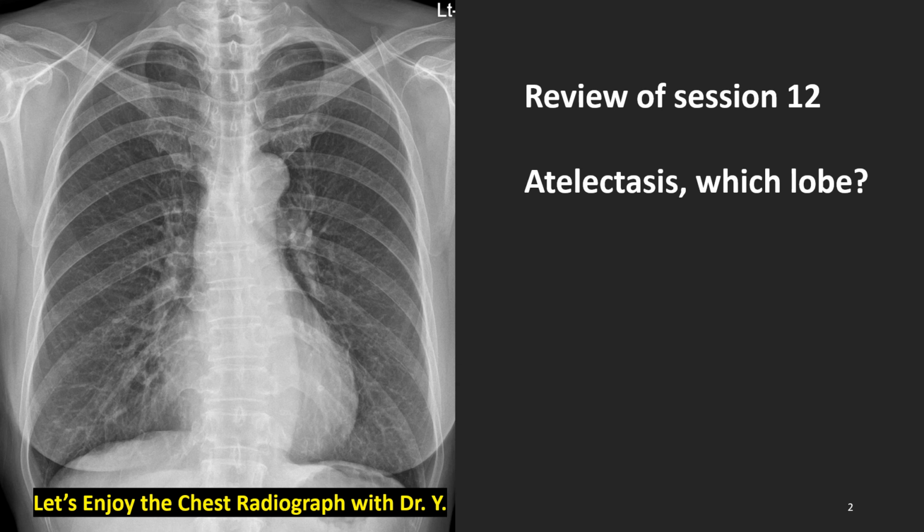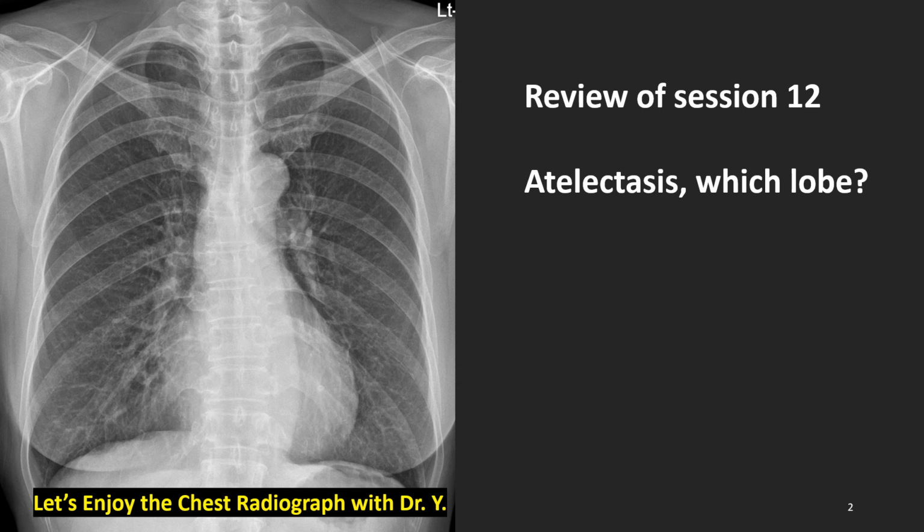As I have told you before, right middle lobe collapse is not so fantastic, not so picturesque as other lobar collapses. As you see here, just an irregular margined right heart border, maybe a slightly increased opacity at the right heart area, and non-visualization of the minor fissure.